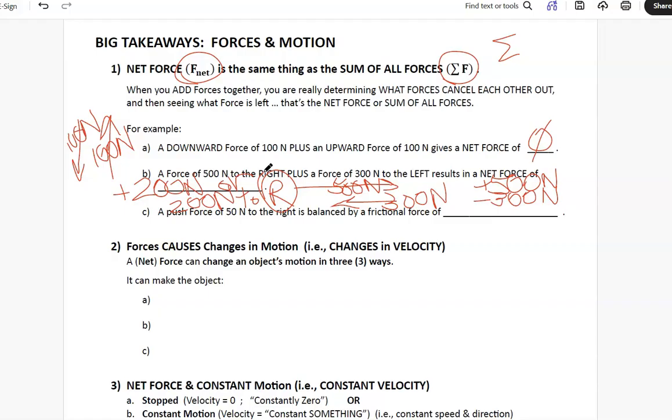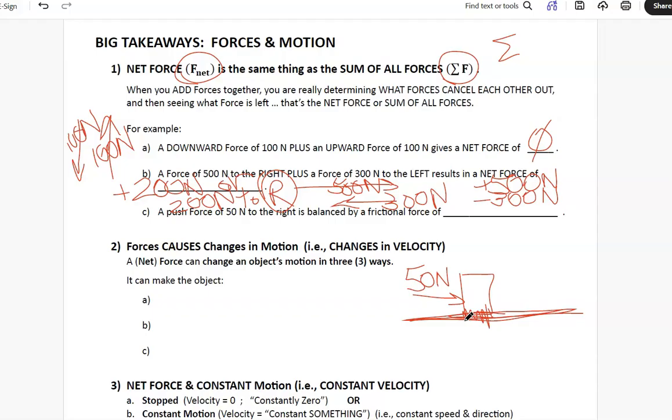The third example says a push force of 50 newtons to the right. So you can imagine some object and somebody's pushing it with 50 newtons to the right, balanced by a frictional force. We haven't talked about frictional forces, but that's the force between the object and the floor. It's because these objects aren't perfectly smooth.